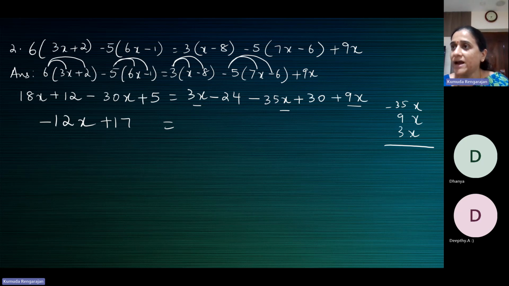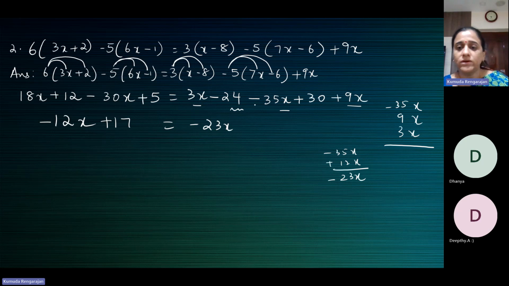Add, no? Add. 9 plus 3, 12, 12x. So it will be now minus 35x plus 12x. Correct? So different signs. Subtract and put the sign of the greater number. So it will be minus 23x.